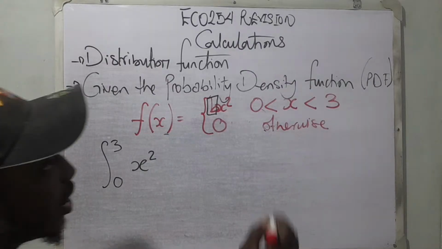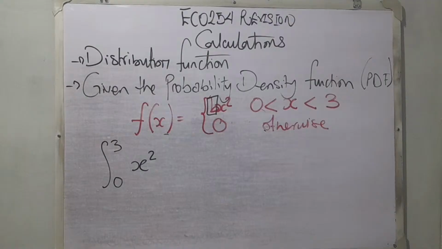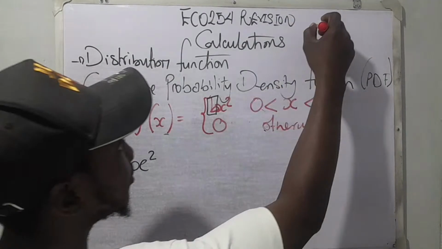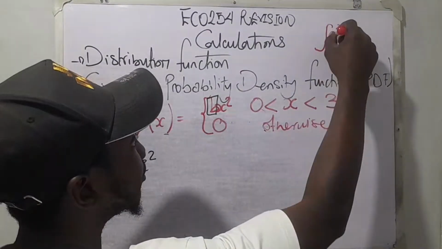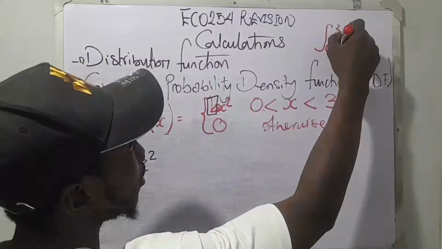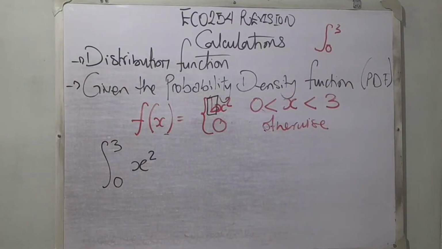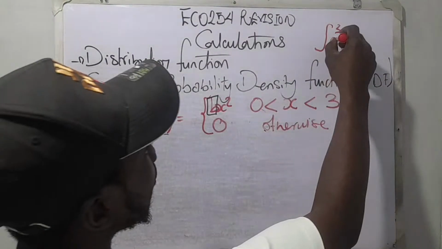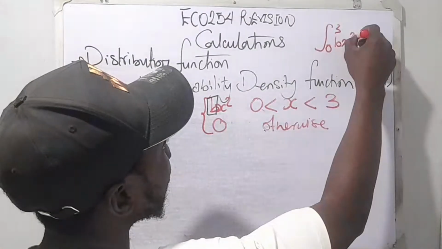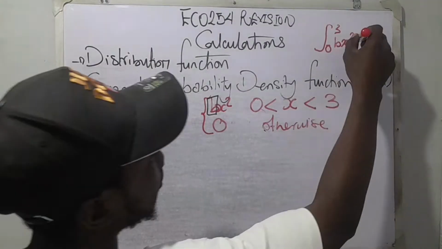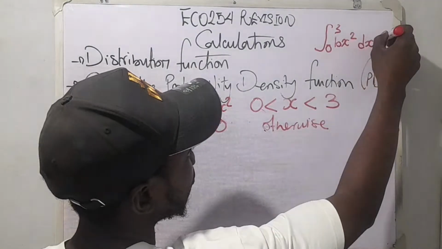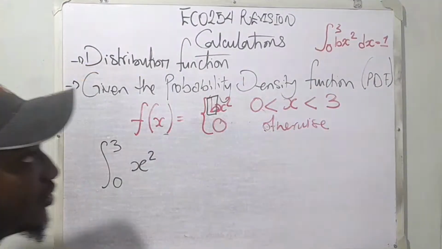Let's write this formula out. There's a formula we have to apply. Let's write it here: 3 and 0, and we have bx raised to the power of 2, and we have dx equals to 1. Please let's write that out.